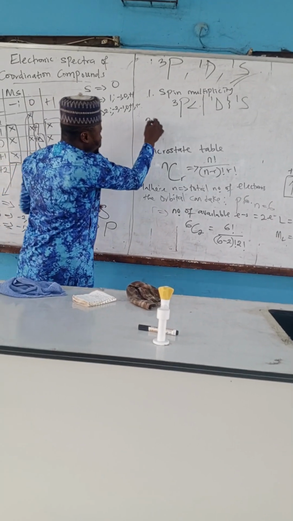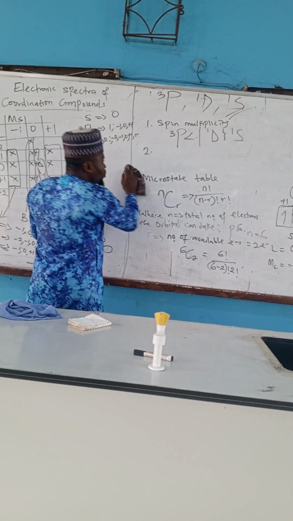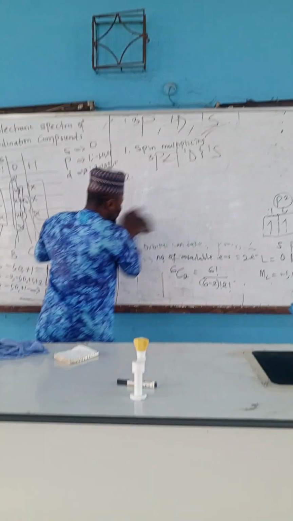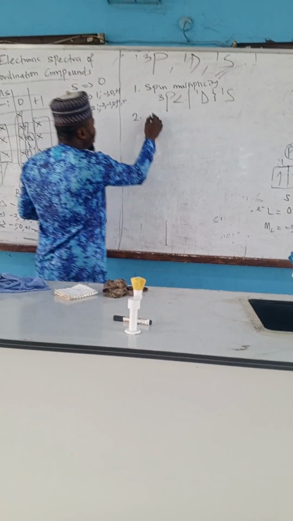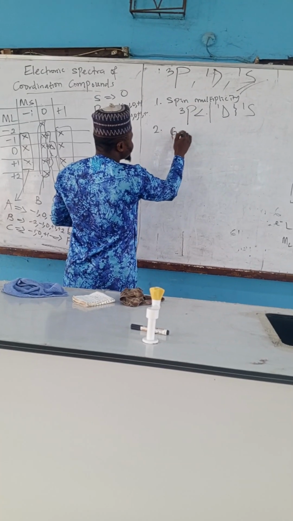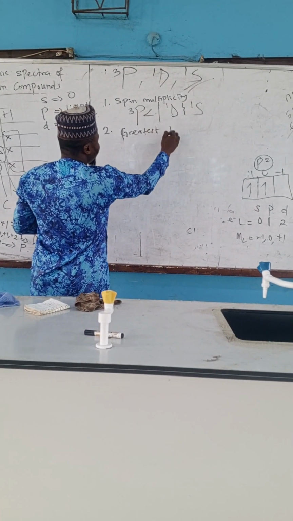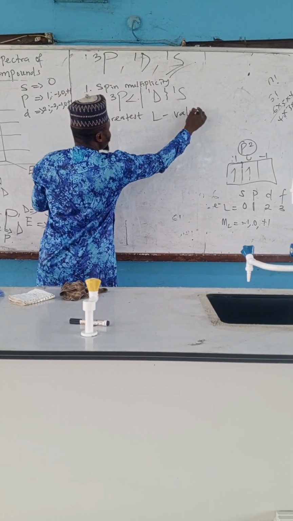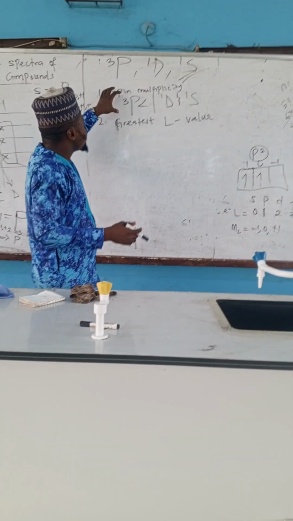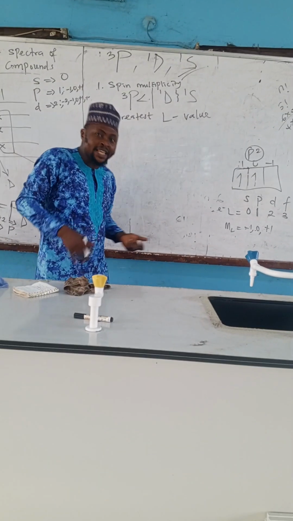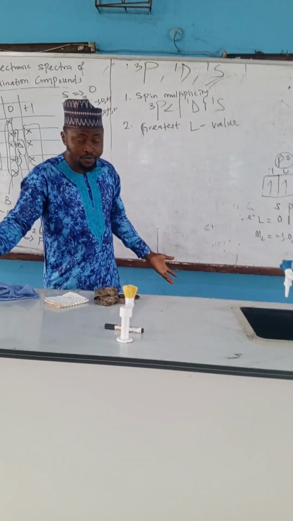The second rule is the rule of L value, or we call it greatest L value. Like we said, the bigger you are, the lower you are in energy. That is the truth.